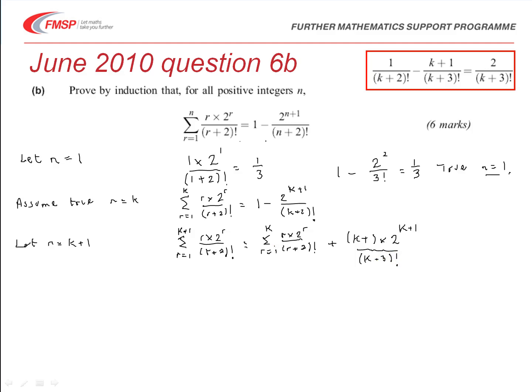Okay, well, what do we know about this sum from 1 to k? Well, we assumed that it was true that it was equal to 1 minus this term here, the statement in this line above. So we can put that in here, so it becomes 1 minus 2 to the k plus 1 over k plus 2 factorial, and then we got the extra term still being added onto the end there.